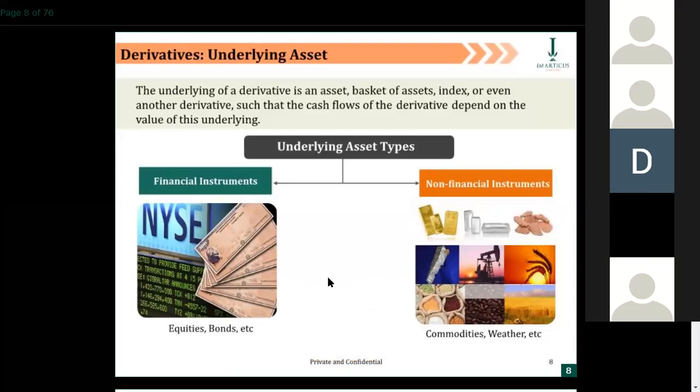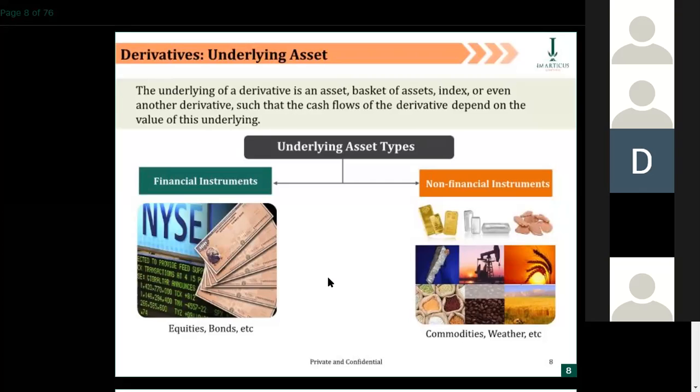The underlying asset of a derivative can be all these. We already covered it. It can be a basket of assets, an index, even another derivative, such that the cash flow of the derivative depends upon the value of the underlying. So anything and everything can be there in a derivative. A derivative is a good thing on one side, and at times risky also.